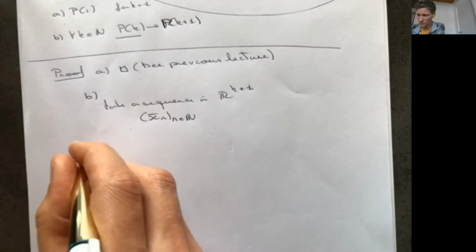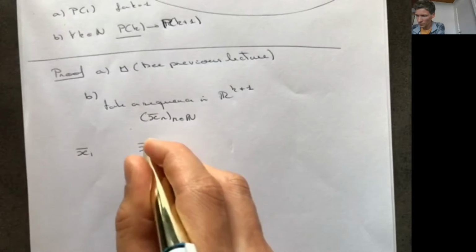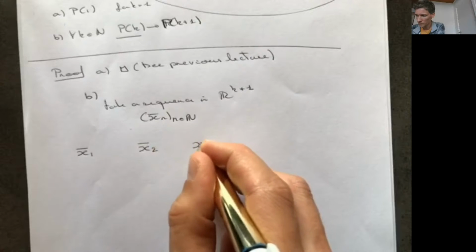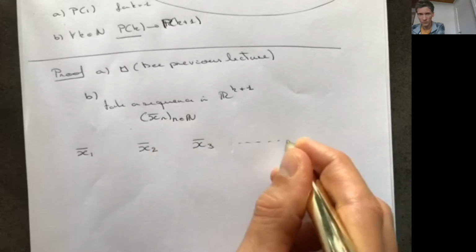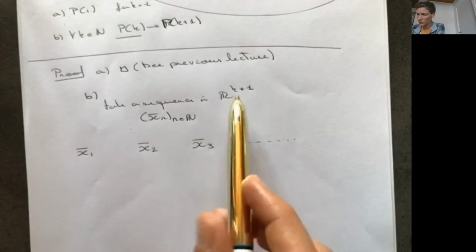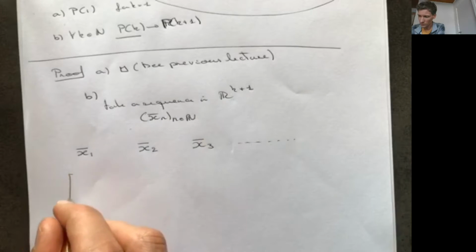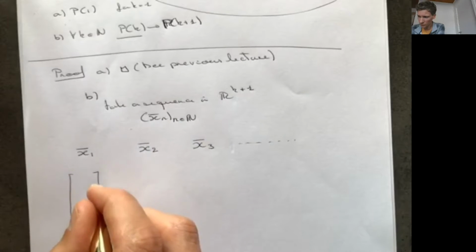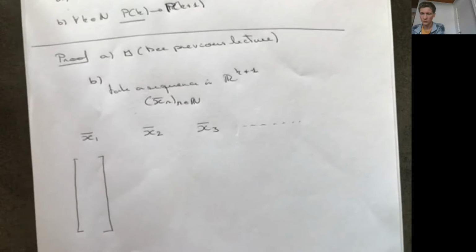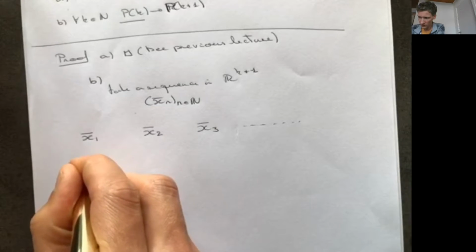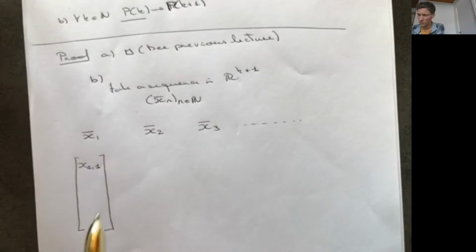So let's write down the first few elements of the sequence. Okay, so we have x1, you have x2, you have x3, and so on. This sequence is a sequence in R^(k+1), so basically it consists of k+1 numbers. So maybe this is x_{1,1}.